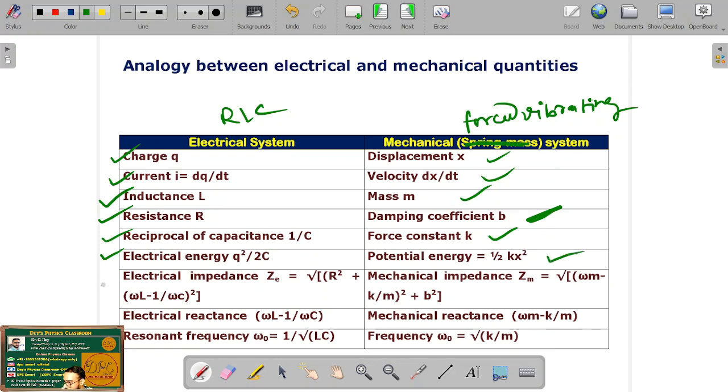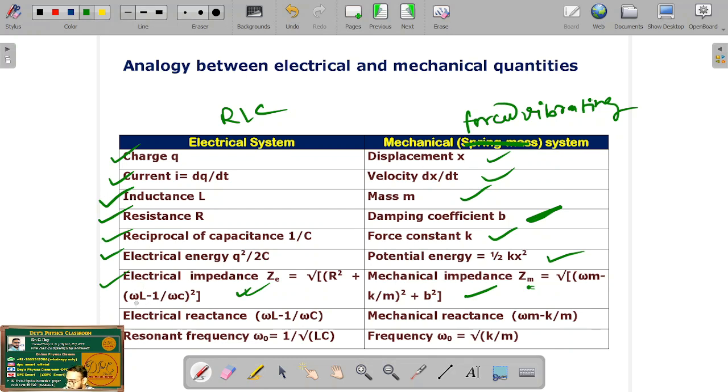Now the electrical impedance Z is root under R square plus (omega L minus 1 by omega C) whole square. This electrical impedance is analogous to the mechanical impedance Zm, root under (omega m minus k by omega) whole square plus b square.